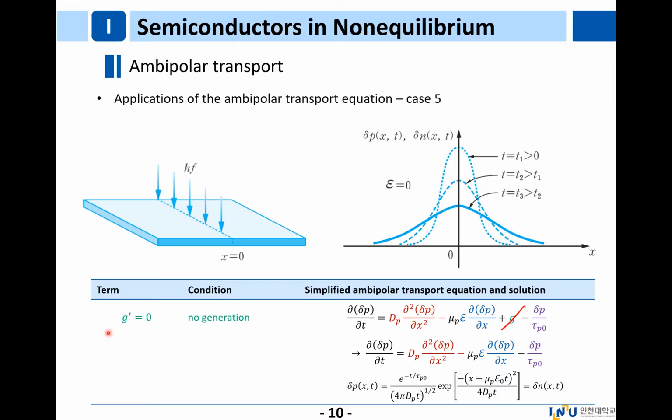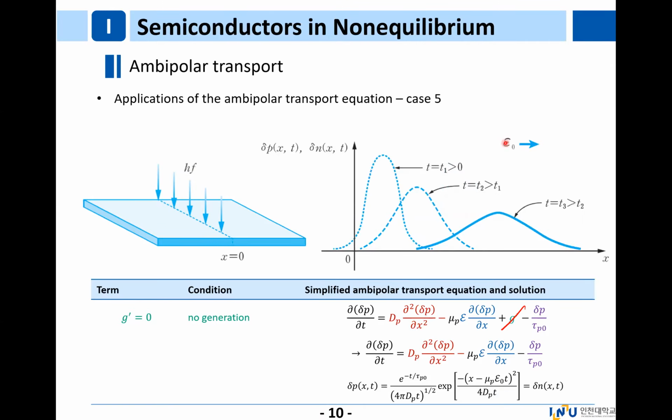And when an electric field is applied, the graph will represent it as follows. In this case, excess minority carrier holes undergo diffusion and recombination while simultaneously drifting in the direction of the applied electric field, which is plus x direction.